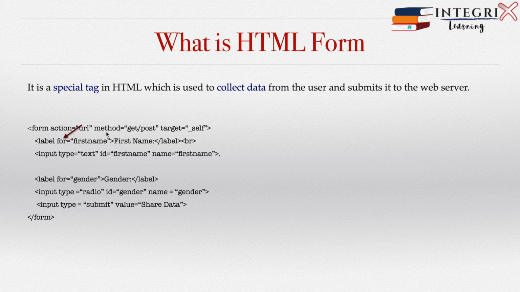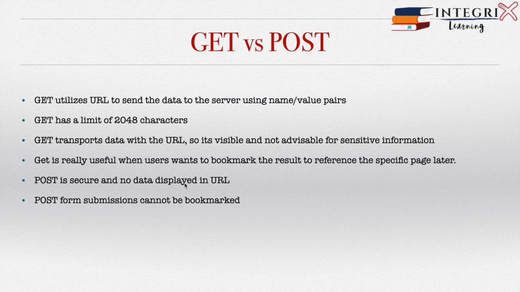Here I have enumerated the difference between the get and post methods of sending data. Get, as I mentioned, uses a URL to send the data using name and value pairs: the name of every input tag and the value of that input tag, what the client has given while filling the form.